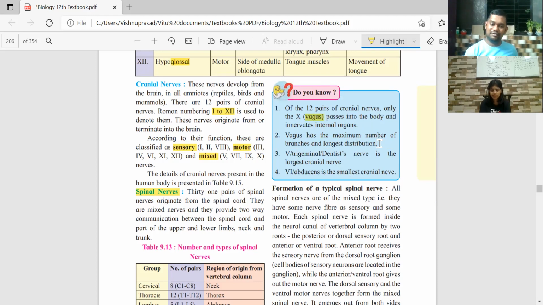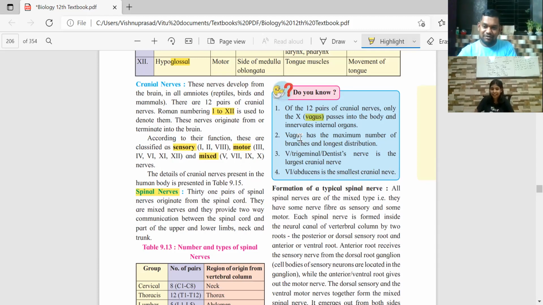If you recollect, we discussed circulation and the human heart. You remember the SA node, AV node, Purkinje fibers. Every heartbeat or cardiac cycle is controlled by these nerves. In the brain, there is this vagus nerve.